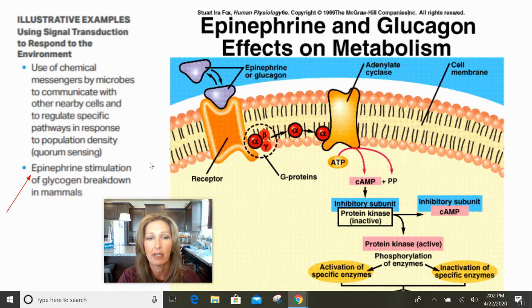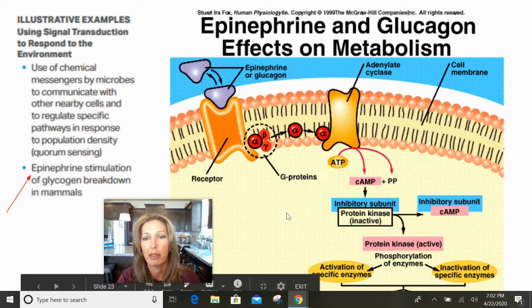I usually refer to them as the little party hats on top of our kidneys. When epinephrine is released, it has different actions on different cells. Some cells are going to receive epinephrine, and that is going to trigger the breakdown.